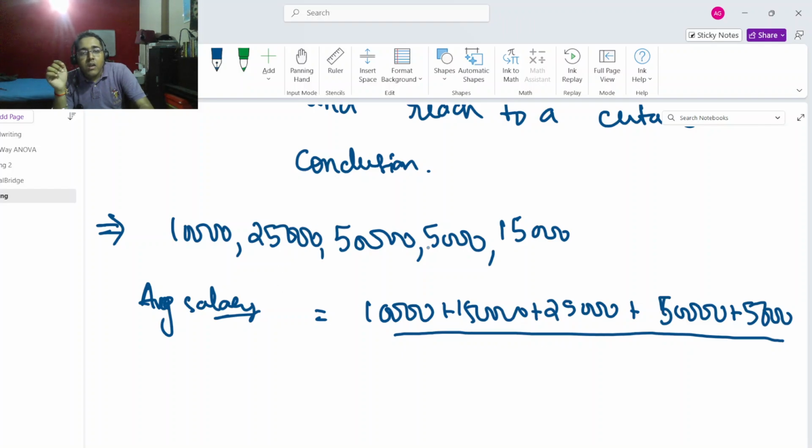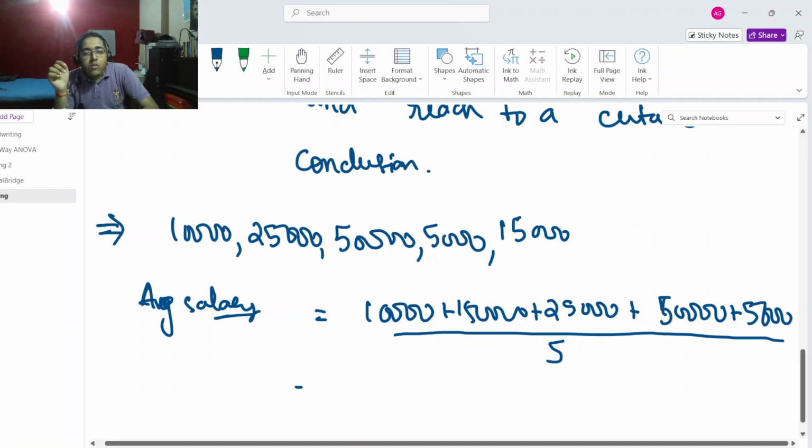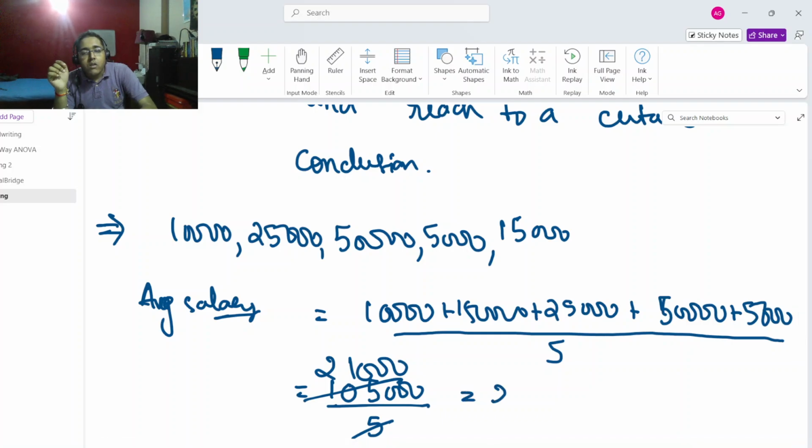How many employees are there? There are five. So the average salary would be 1 lakh 5,000 divided by 5, which comes out to be 21,000.